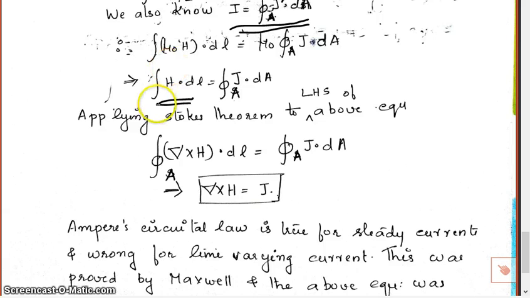So instead of integral H dot dl, I will write area integral del cross H dA, and the right hand side will remain the same, area integral J dA. So finally both sides have area integrals, so I can write del cross H is equal to J.